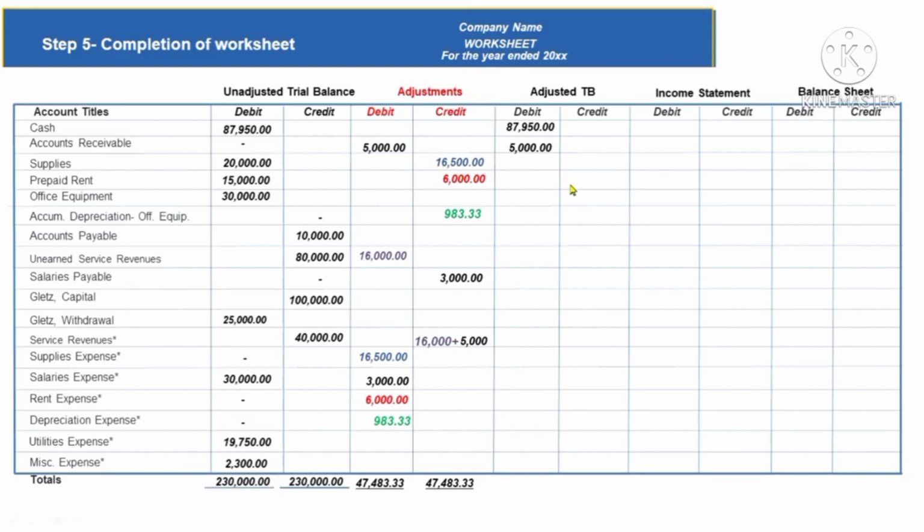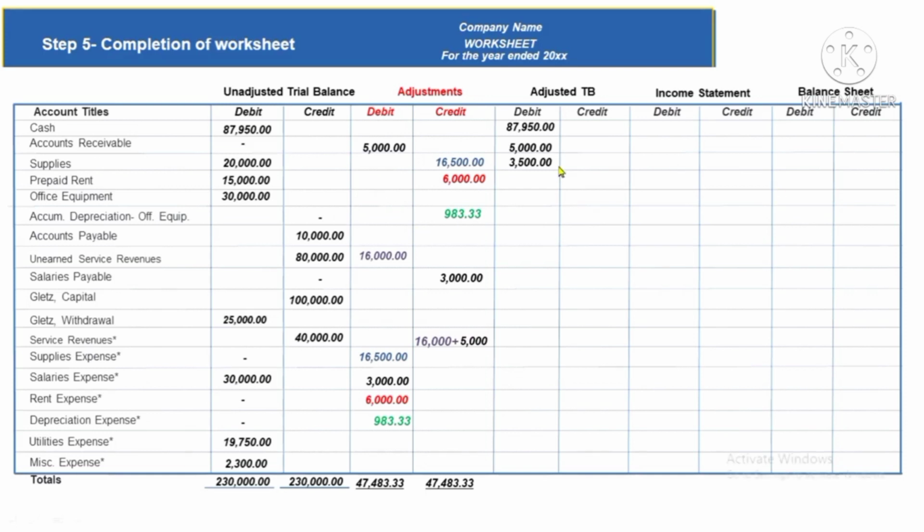In the end, the supplies of only 3,500 will be registered on the adjusted trial balance. But if both the amounts in the unadjusted trial balance and in the adjustments have the same normal balance, like for example, both are debits or both are credits, then you need to sum them up.